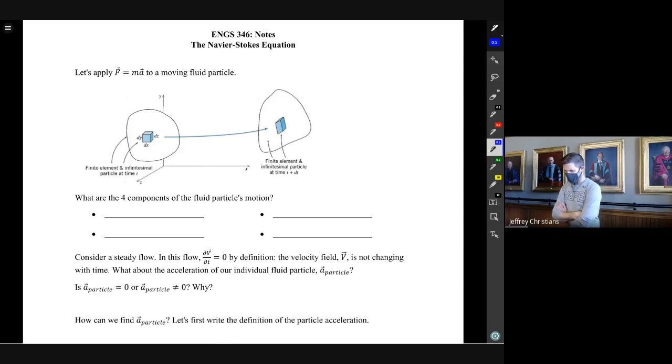The other comment about the chapter 4 part of the exam is that there will not be an accelerating control volume on the exam. We did an example in class and an example on the homework, but it will not be on the exam.